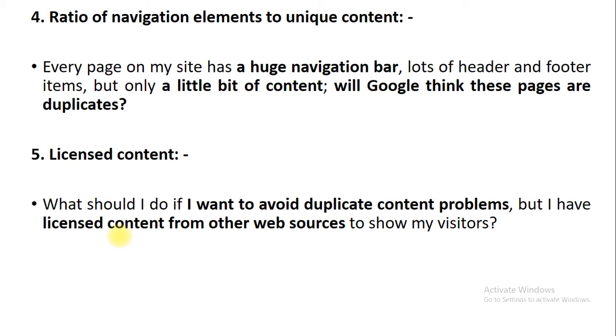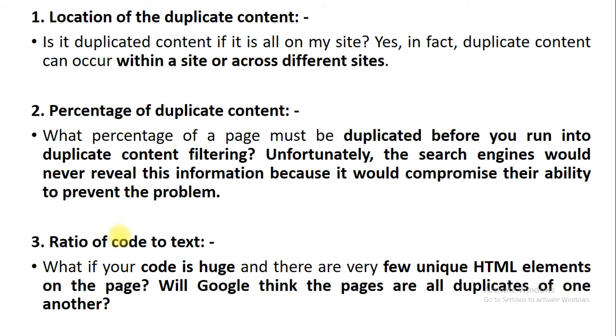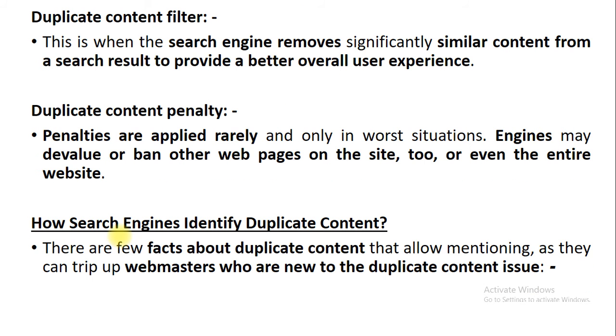When you want to avoid duplicate content problems, you can purchase a license from the various sources available on the internet to show that license to your visitors. So these 5 are the points related to how search engines identify duplicate content.